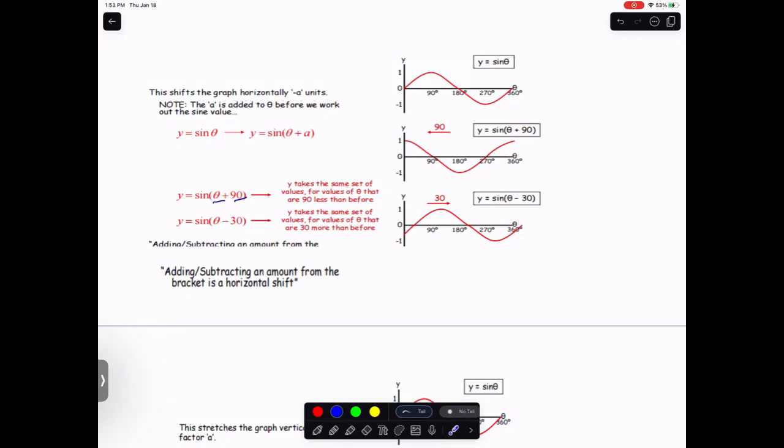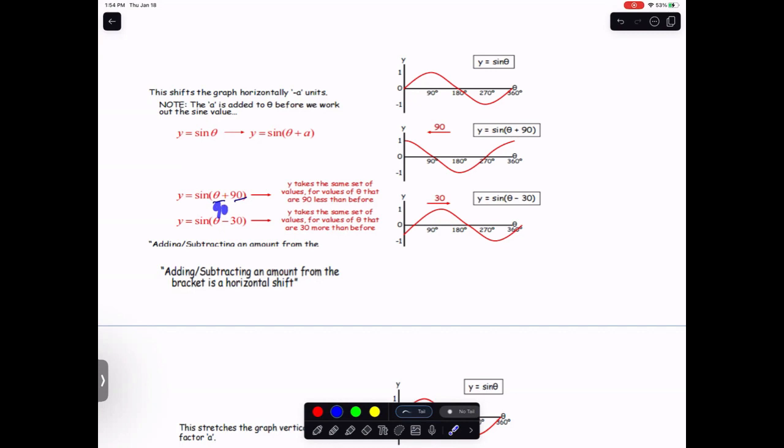So this is our y equals sine theta minus 30. You can substitute any value for your theta.